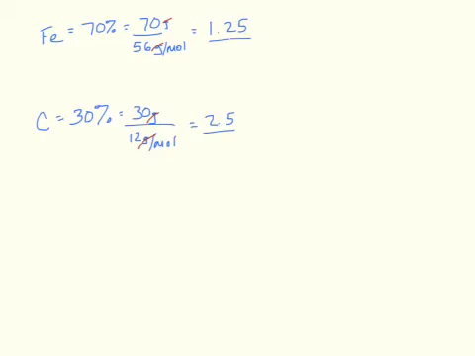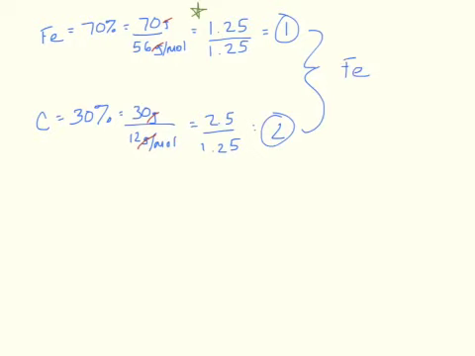We have our lower number up here being iron, so that is going to become our denominator for our molar ratio. It's going to give us 1 iron to 2 carbon. So our ratio is 1 iron for every 2 carbon. And there we are, empirical formula.